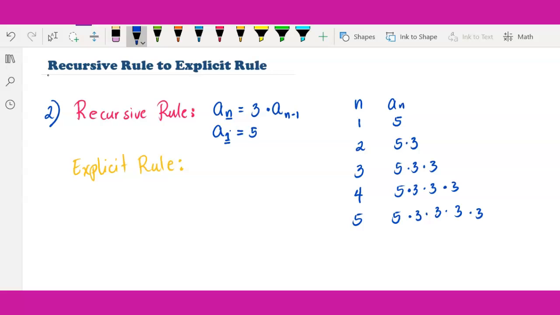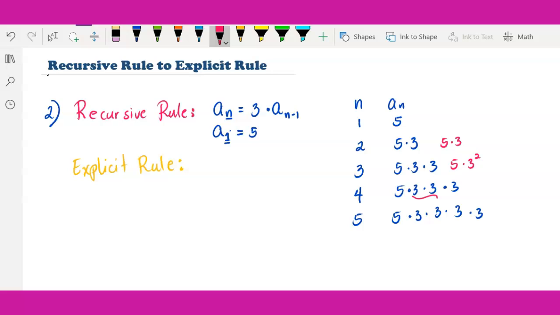All right, so now notice that we cannot continue listing down the 3s, so there must be a shorter way to do this, and there is. All right, 5 times 3 can be rewritten as, well, this 5 times 3. But 5 times 3 times 3 is 5 times 3 to the second power.